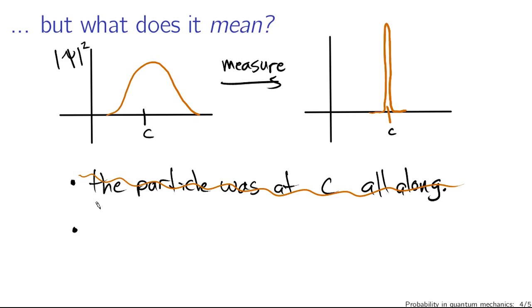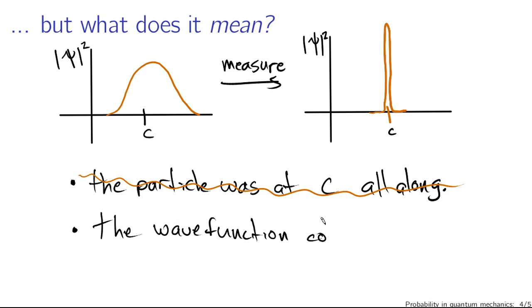The main interpretation that physicists use is to say that this wave function psi here, also shown here, collapses. Now that's a strange term. Collapses. But it's hard to think of it any other way.